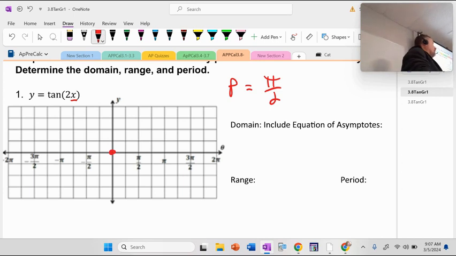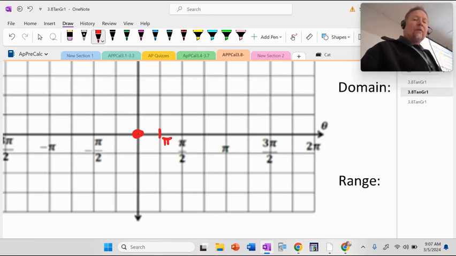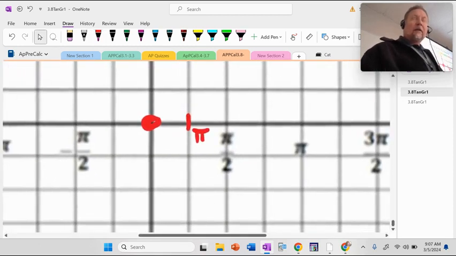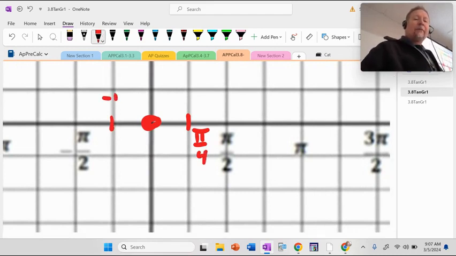All right? Now, what happens next? Well, I just told you the period is pi over 2, so I must go half of the period. What's half of pi over 2? Pi over what, everyone? 4. Let's zoom in on that. Watch what I do. I'm going to put this one above because I know what's going to happen with the values here. Now, all you have to be is not fractionally challenged.